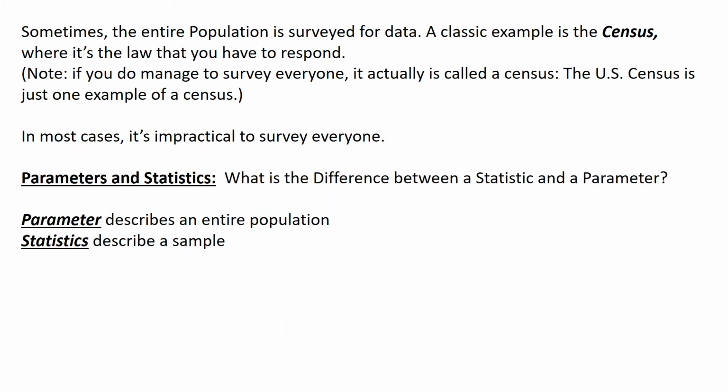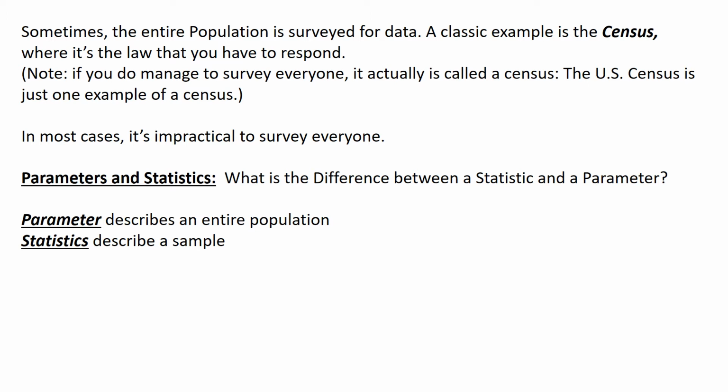Now, actually, we do sometimes survey entire populations. The United States, within our Constitution, is required to do so every 10 years. Our founding fathers put that in there. Anytime you talk to the entire population, whatever that population is, it is called a census. However, the problem is censuses take a lot of time.